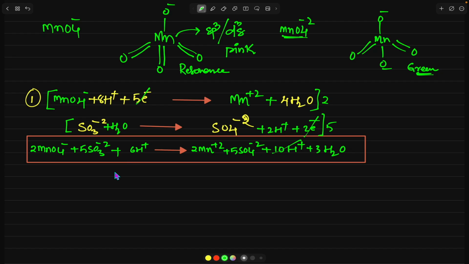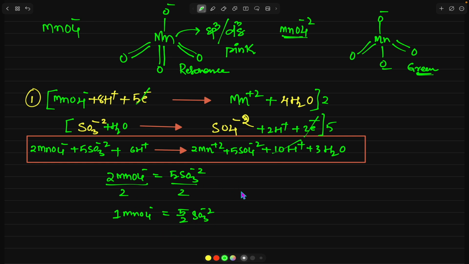So the question is, 2 moles of MnO4 minus equals 5 moles of SO3 minus 2. Right? If I divide both sides by 2, I will get 1 mole of MnO4 minus is equal to 5 by 2 moles of SO3 minus 2.